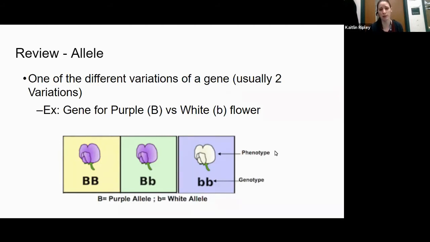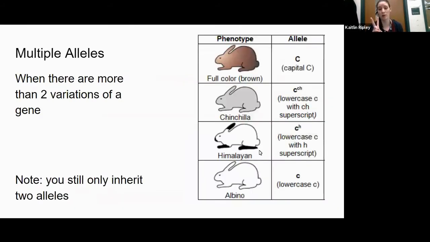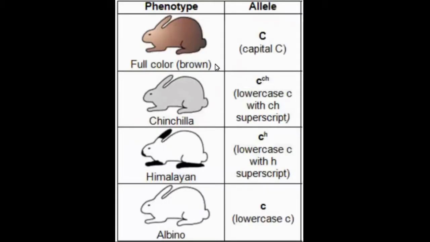With multiple alleles, we have more than two. That's all multiple alleles is: we're adding in a couple more options, a couple more variations of the gene. So for example, over here, I've got some rabbits. We've got some different colors of fur. You can see that full color, fully brown, is still represented by a capital C. All the way down at the bottom, I still have my lowercase c.